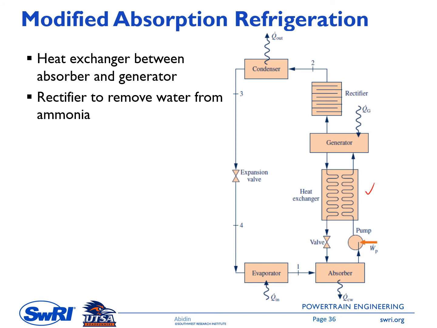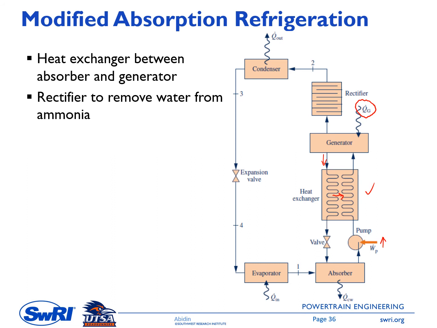From the absorber we have a strong solution, and then it is pumped, and you can see in here, before it enters the generator, it will get heat transfer from the fluid that flows back from the generator to the valve and back to the absorber. A good thing of this modification is that we will need less external heat here, because some of the heat has been supplied by the working fluid inside the heat exchanger.